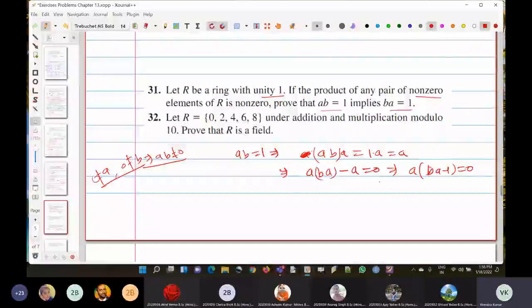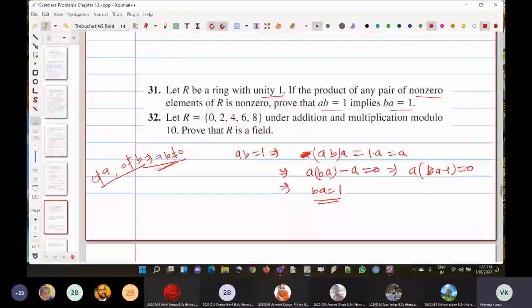All right, A is non-zero, so it means BA has to be equal to 1. We are using this thing because the product of non-zero elements is non-zero. If it becomes 0, at least one of them has to be 0.